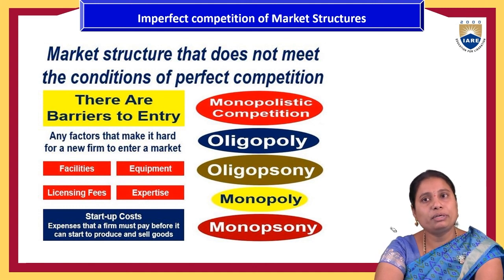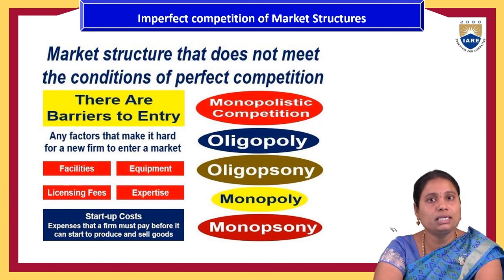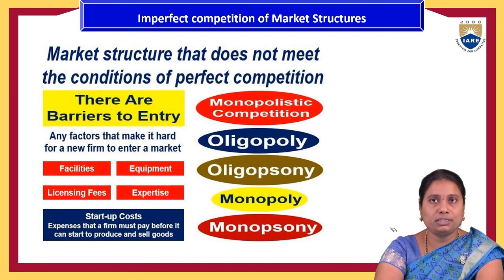The imperfect competition markets may be monopolistic competition, oligopoly, oligopsony, monopoly or monopsony, duopoly, and duopsony.